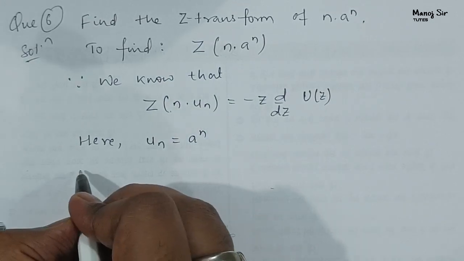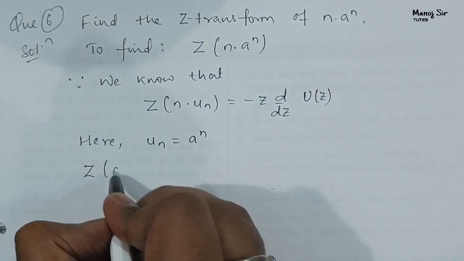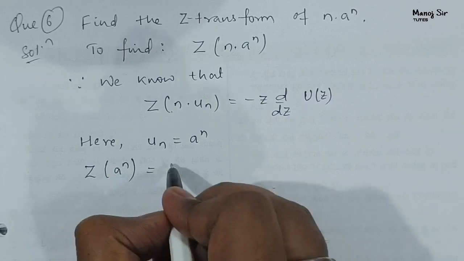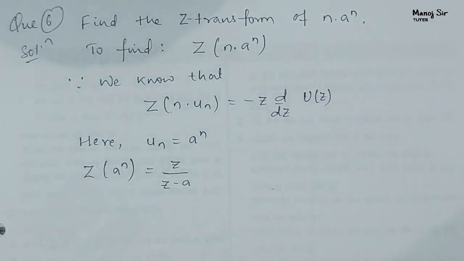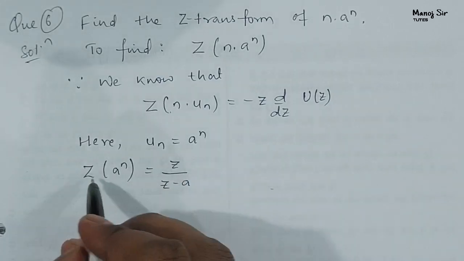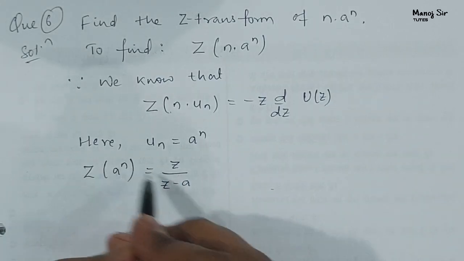The Z transform of a to the power n is equal to z upon z minus a. The formula is very simple. What is the Z transform of a to the power n?